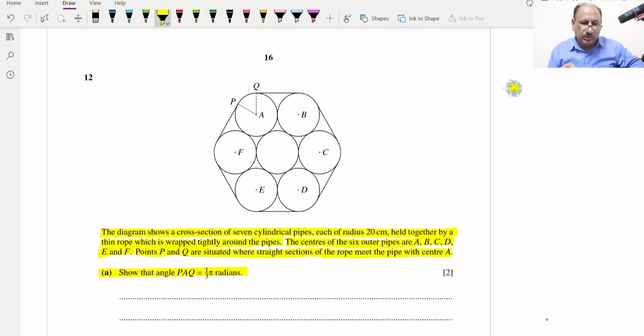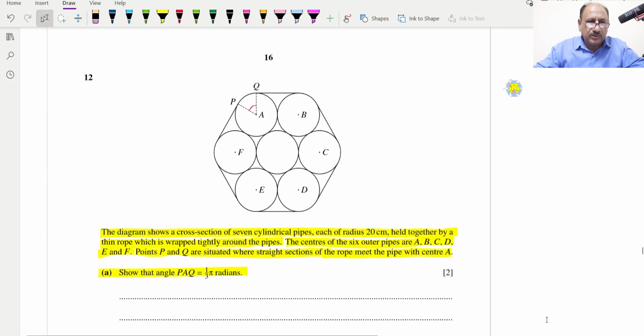So PAQ is which angle? PAQ is basically this angle, and we can use r theta.